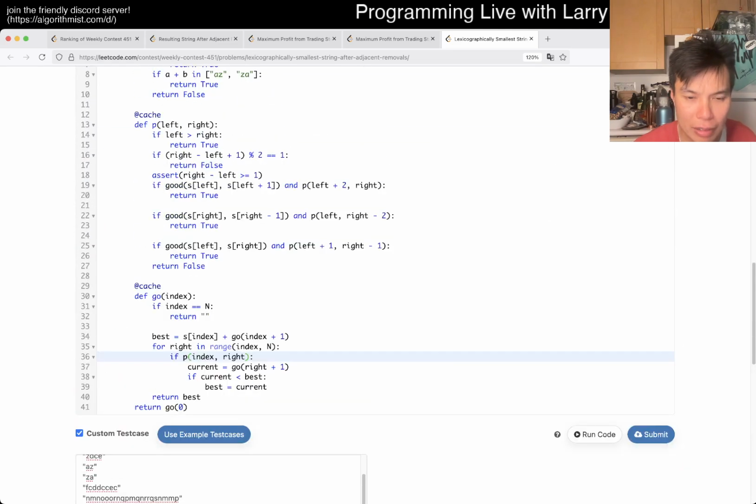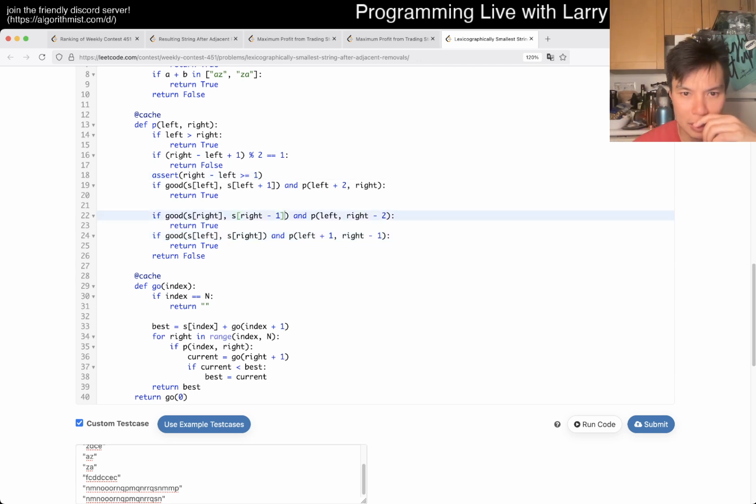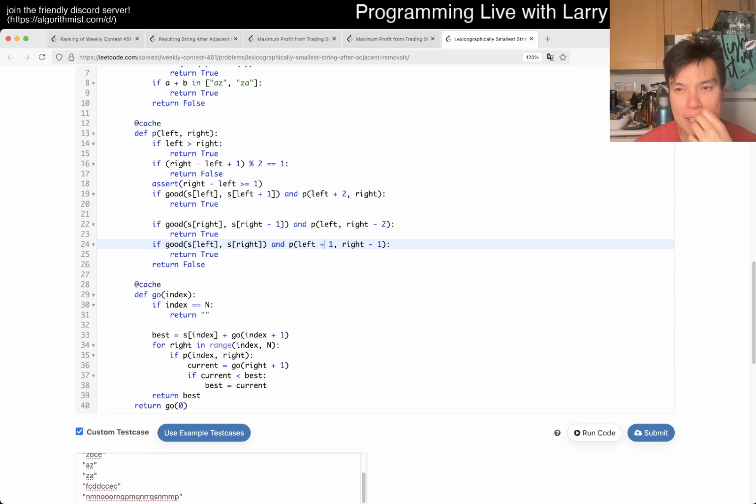Well, so I don't think this is wrong actually, but this is wrong. Am I missing a case? So okay, so the last one, this. So you take this, this, this, right? Is there other cases? Oh, divide and conquer, the one in the middle, huh? Because then now you're divided into two.